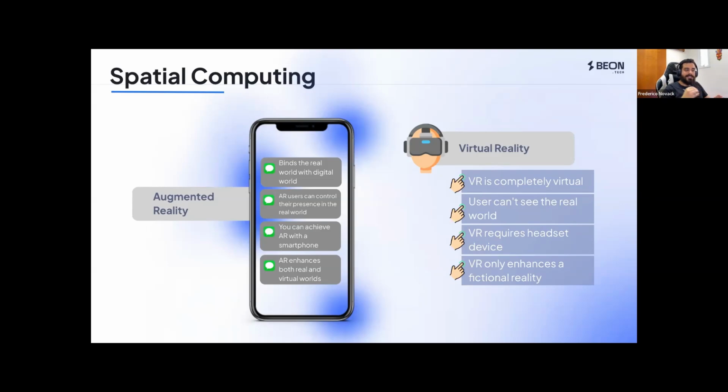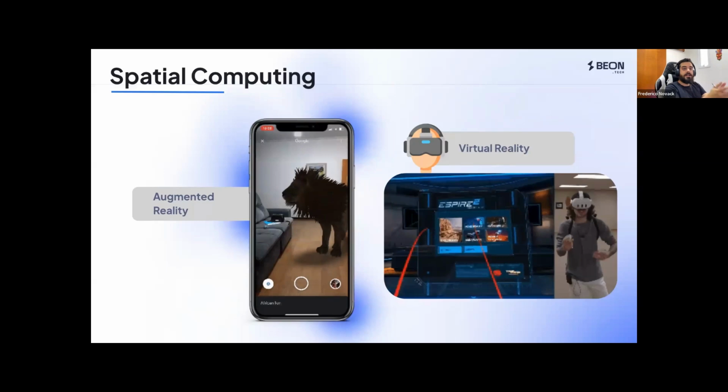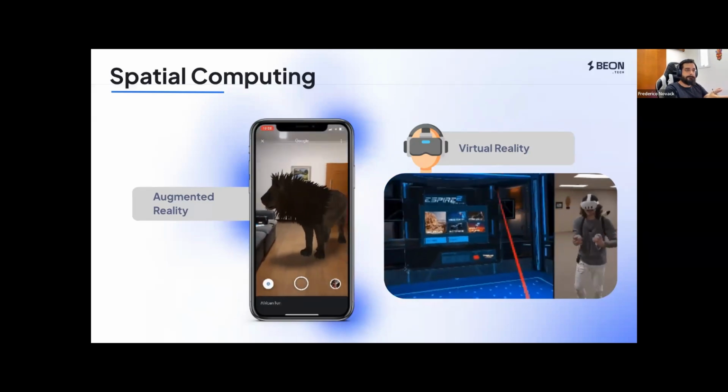VR requires a headset device, either a Quest 2, Quest 3, the Sony headset for PS5, or Apple Vision Pro. But in order for you to say that you are in a VR world, you need to have the headset. Okay, and VR only enhances a fictional reality. Okay, it doesn't really exist. You don't really see the world. You are immersed in another dimension, maybe. Okay, so these are examples of AR and VR.